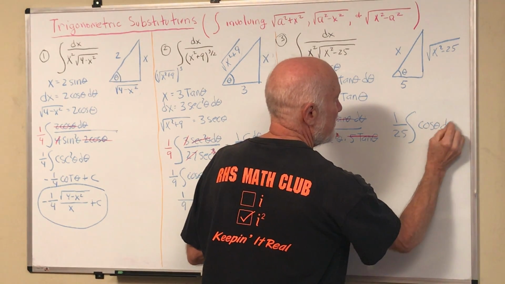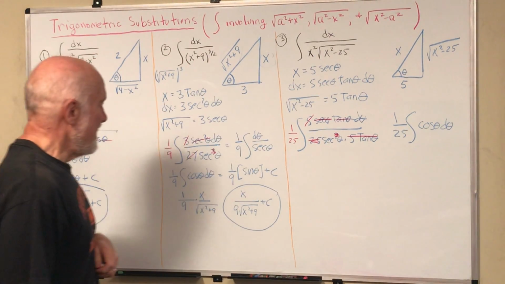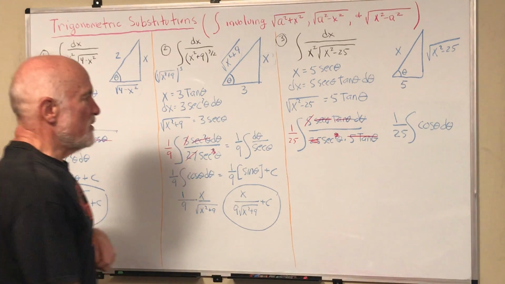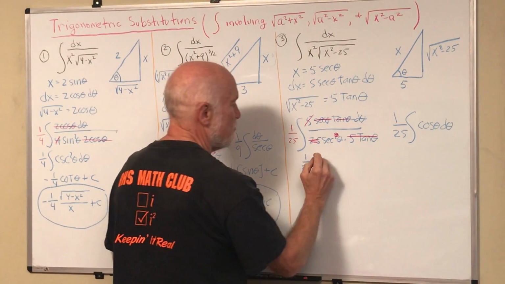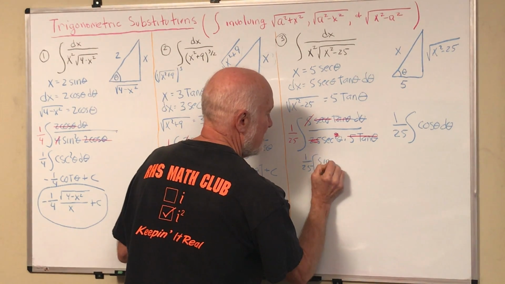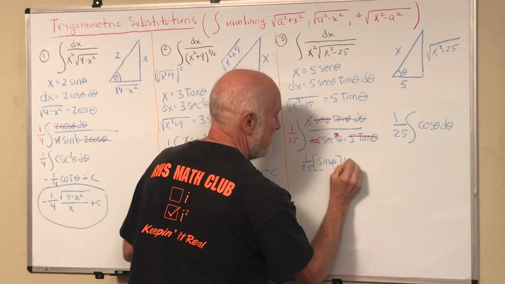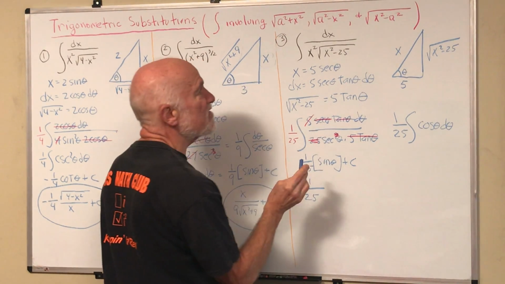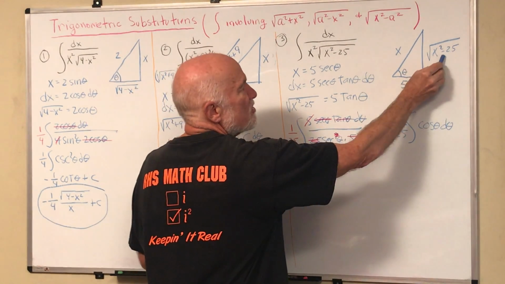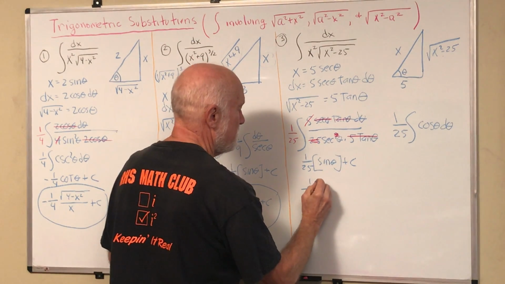So things are working out very nicely for us. So we get 1/25th, and the antiderivative is the sine of theta plus c. This time the sine of theta is going to be the square root over x.